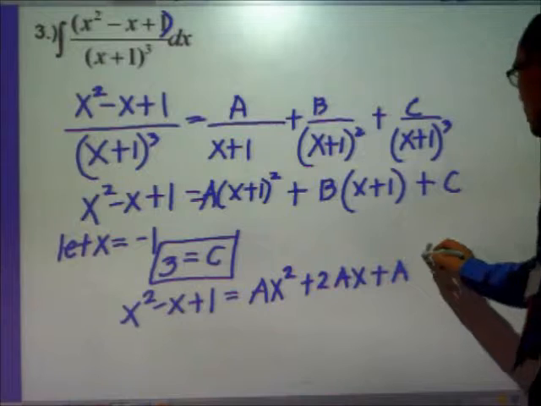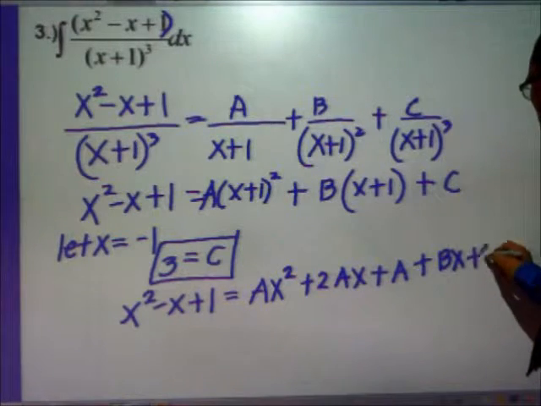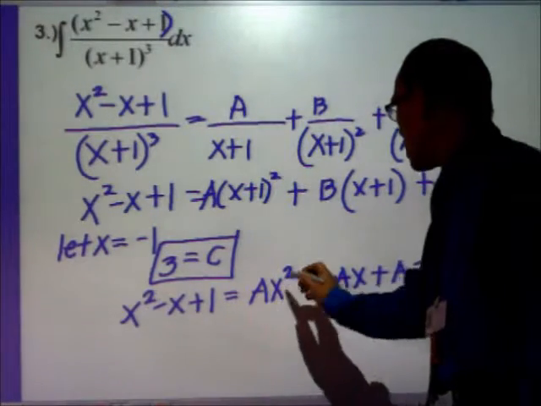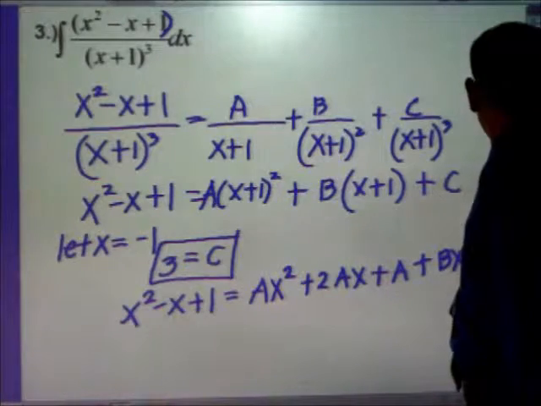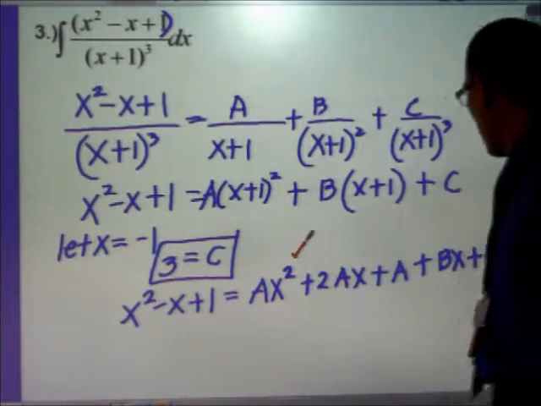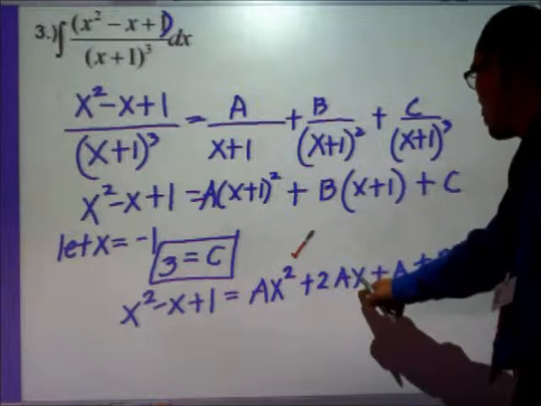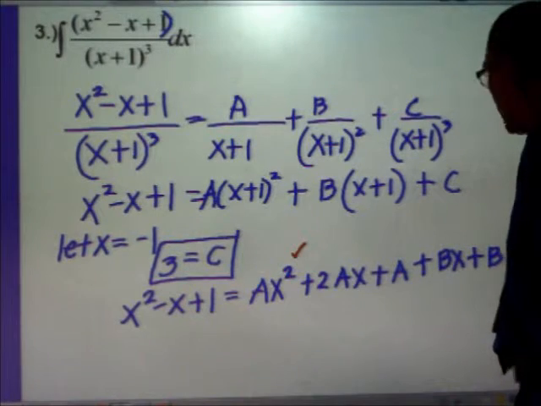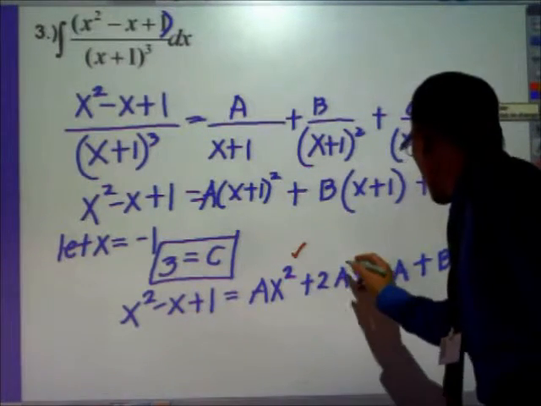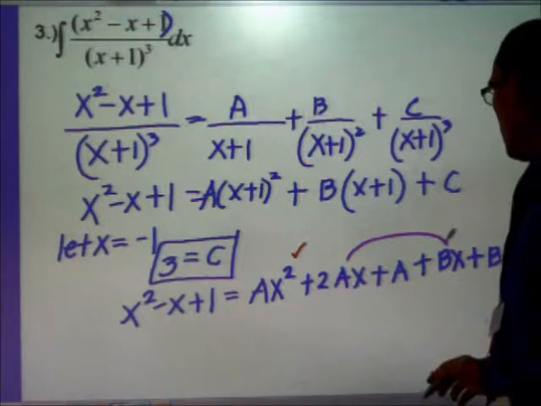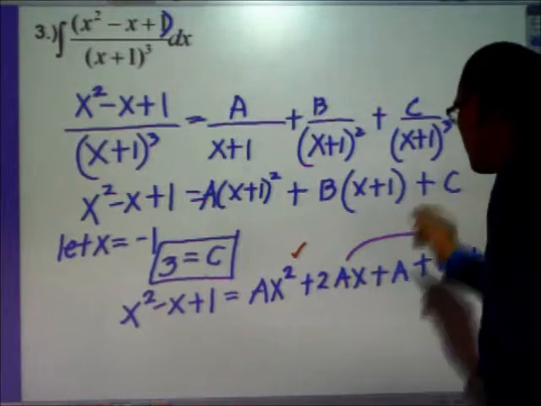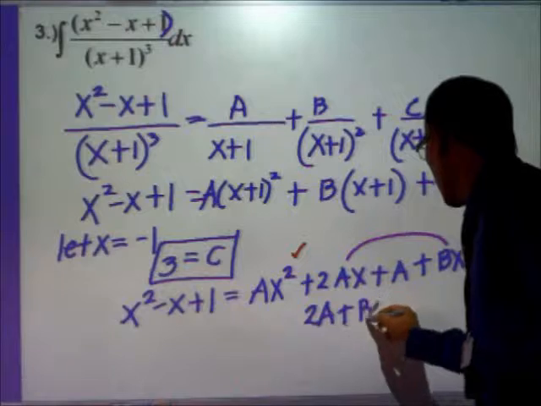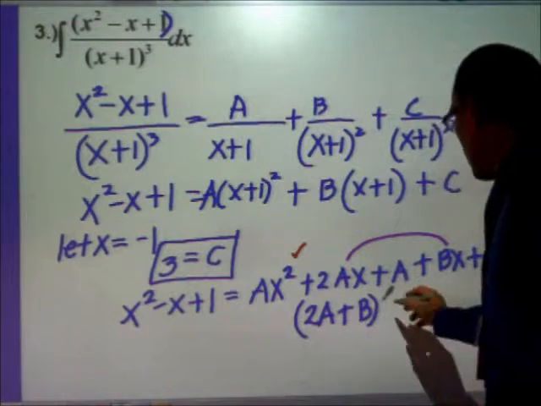And if we expand this part here, that's going to be bx plus b, and then plus c. Notice here, this will be the second degree. So we are also going to collect terms of the first degree. This one here goes with that. So we can write (2a plus b) x.